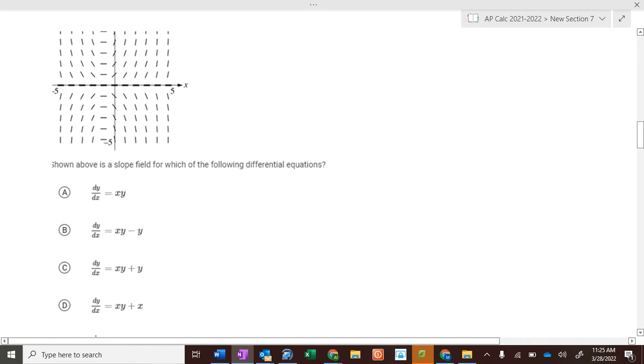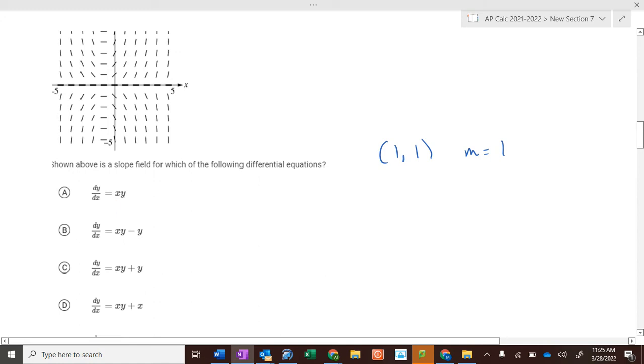Slope fields, which is following a slope field for a differential equation here. Okay? So put in ordered pairs. Because it goes 1, 2, 3, 4, 5. So at 1, 1, it should be 1. At the ordered pair 1, 1, the slope should be somewhere close to 1. So if you put in a 1 and a 1, it's about 1.